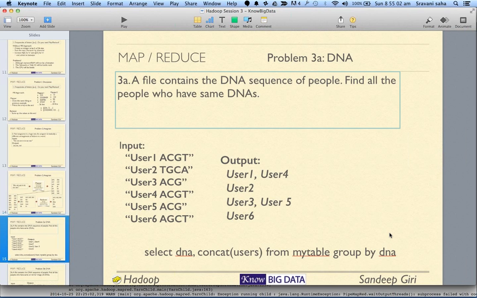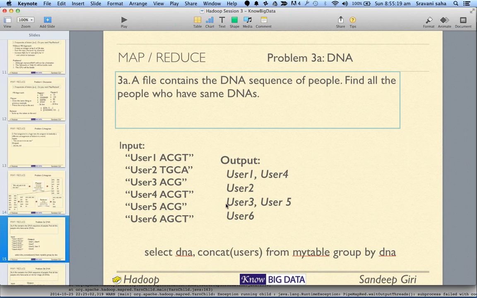That should be the premise of solving almost all the problems: in a mapper, what should be the key such that you are able to solve your problems. Okay. So this is quite clear to all of us.